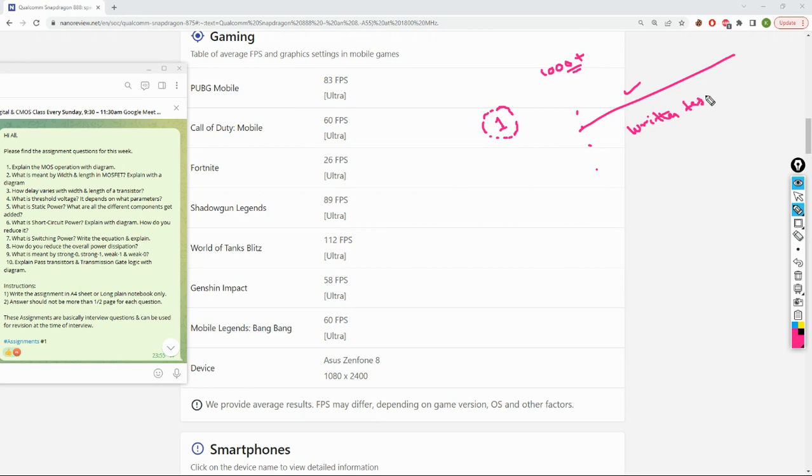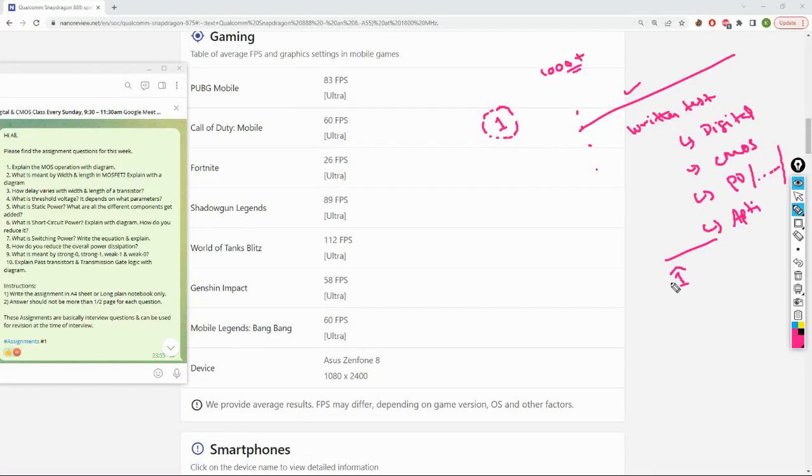The written test could be aptitude, digital, and sometimes you might have CMOS, and then you may have PD or other domains, and then aptitude.